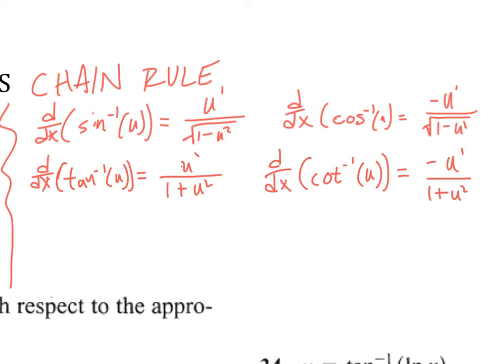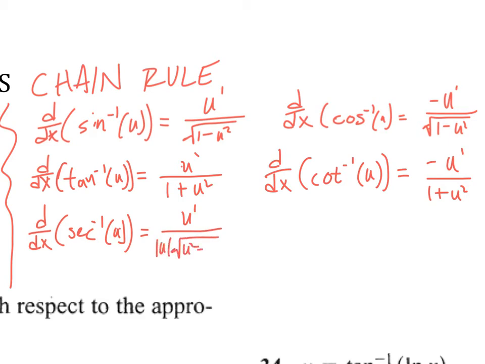Now let's do secant and cosecant. So if I do d dx of secant inverse of some function u, then that's going to give us u prime over the absolute value of u times the square root of u squared minus 1.